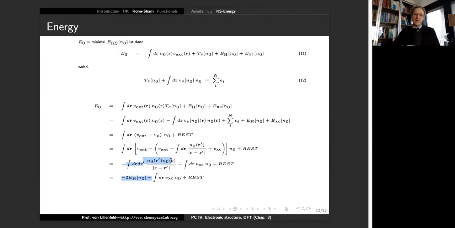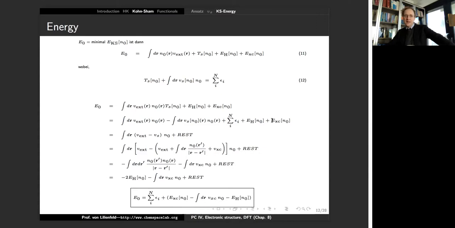One integral is simply the Hartree energy integral, or twice the Hartree energy, right? So you see this here. And the other one is the integral of the electron density with your exchange correlation potential. And then you also have the rest, right?